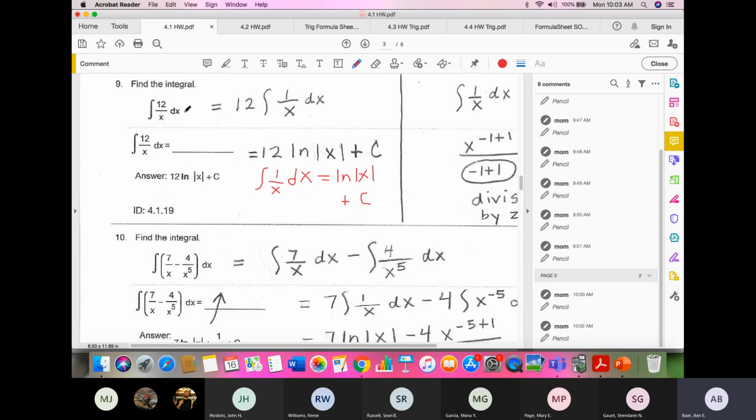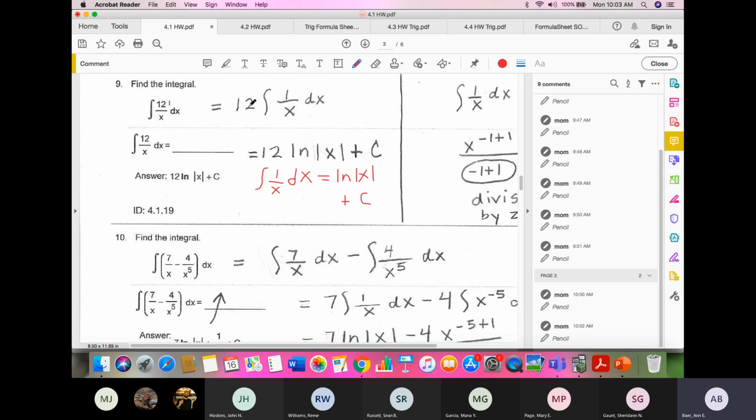If we look at this one, that 12 comes out in front of the integral sign because it's a number multiplier. There's still an understood 1 up here, though. So that's the integral of 1 over x dx.